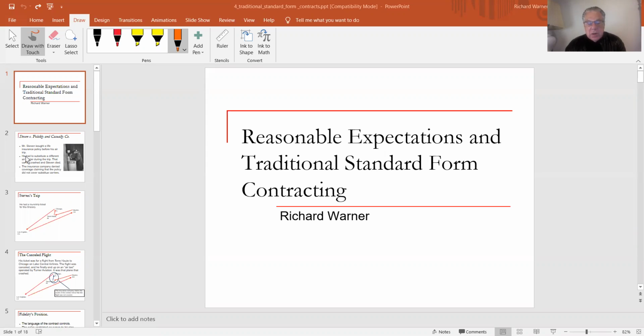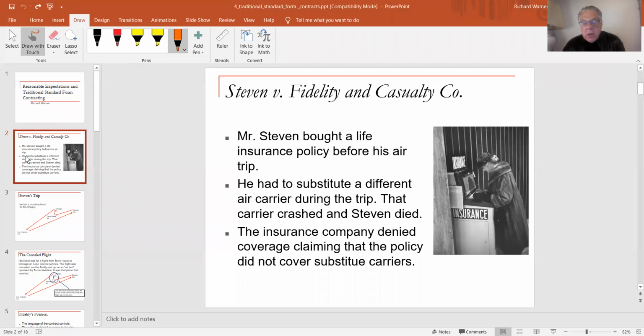Our case is Stephen versus Fidelity and Casualty Company. So Mr. Stephen buys an insurance policy before his airplane flight at the airport. And what you see in the picture is a woman, clearly not Mr. Stephen, buying an insurance policy for her flight from a vending machine in an airport.